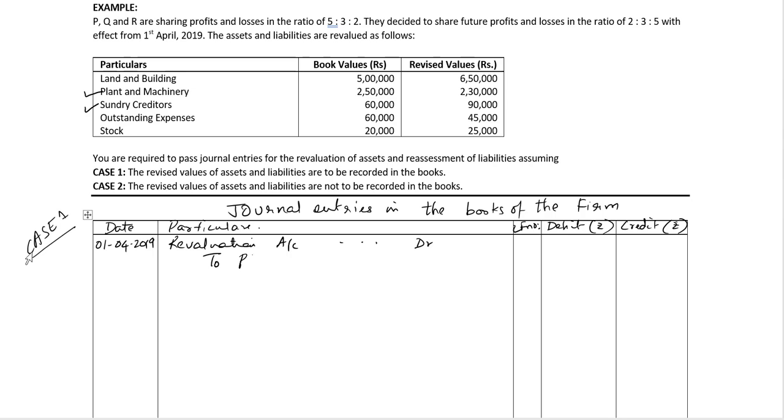To plant and machinery account. The amount of decrease in plant and machinery is 20,000 rupees. To sundry creditors. The amount of increase in sundry creditors is 30,000.